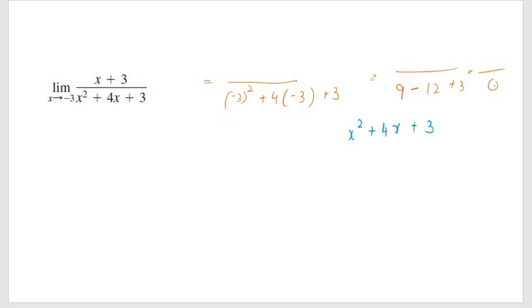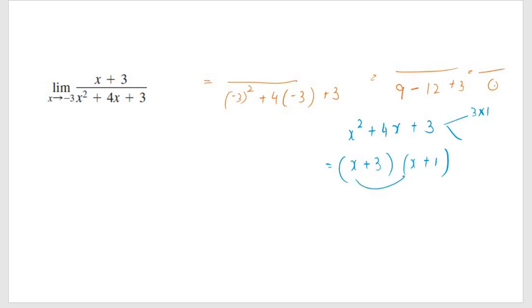So 3 can be written as, what are the factors of 3? 3 times 1, that's all. And we know when you add 3 and 1 together, we get the middle term. So this can be written as x plus 3, x plus 1.